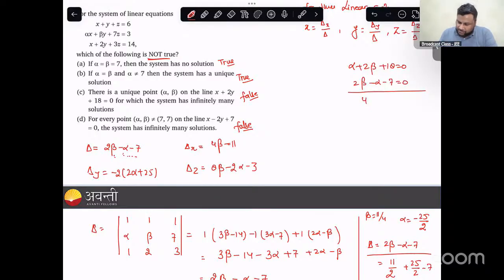If I add both of them, 4 beta minus 11 equals 0, so beta is 11 by 4. Yes, here this will become 0. If I put beta as 11 by 4, alpha is minus 18 minus 11 by 2. Or I should say 2 beta minus 7.